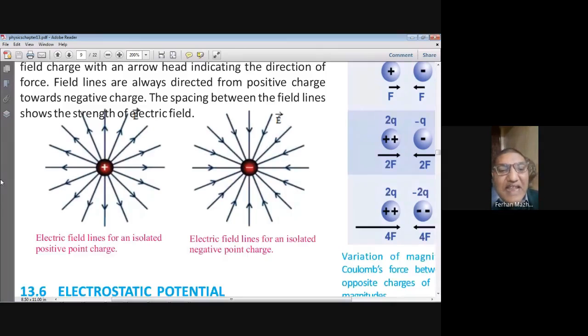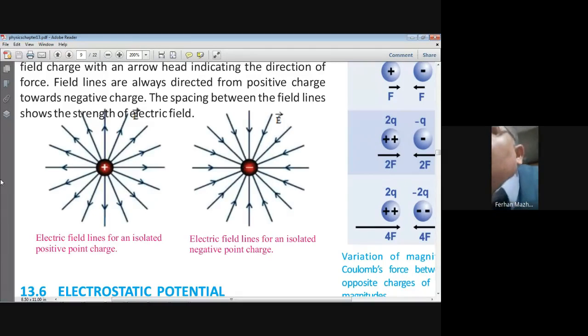Wherever the distance between the electric field lines is larger, the strength of the electric field there will be weaker. So if in one region the electric field lines are very close to each other, the electric field is very strong there. And if the electric field lines are away from each other, the electric field is weaker.